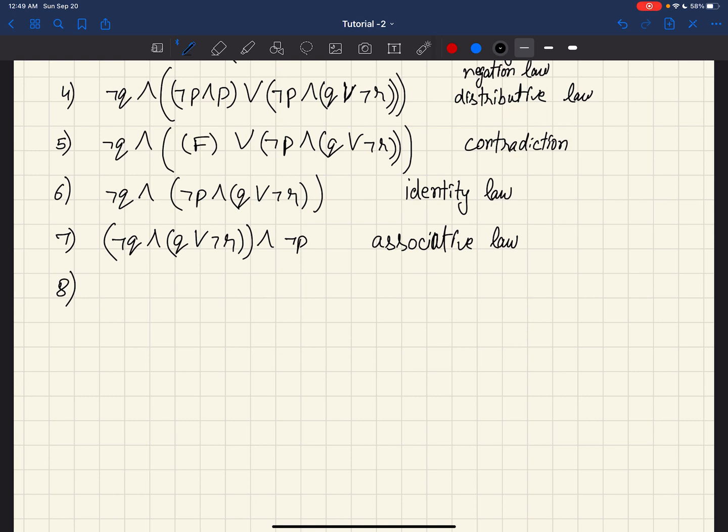Again, we would apply the distributive law, which would give us not Q and Q or not Q and not R, and not P.